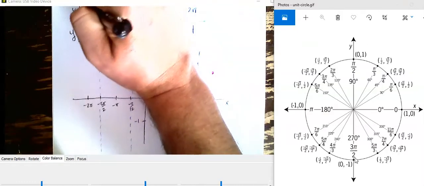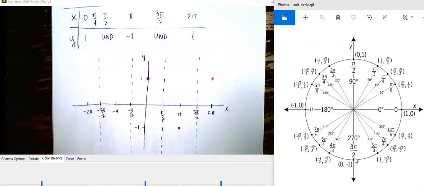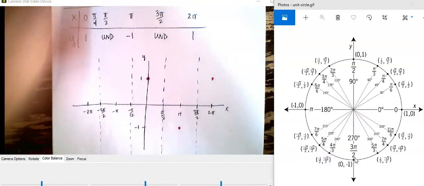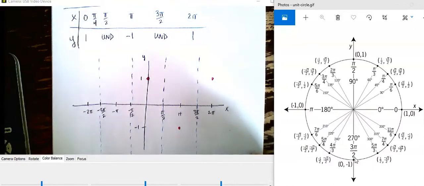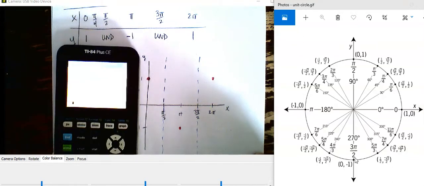So at pi over 4, let's see what we get. We have 1 over the square root of 2 over 2. So let's just cheat a little bit and get an approximation.